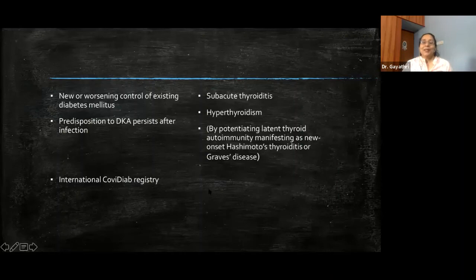But what is something which is new and very interesting is that post-COVID, many patients become positive for hyperthyroidism, or T3, T4 levels start rising. And many patients are seen to have subacute thyroiditis. It may be Hashimoto's type, or it may be even Graves' disease, where there is some amount of latent thyroid autoimmunity which is working.